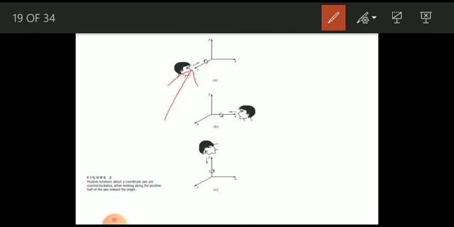This is with respect to z, so a rotation has happened with respect to the z-axis. Similarly, a rotation may also happen with respect to the x-axis, as shown in figure B, and then a rotation can also happen with respect to the y-axis.